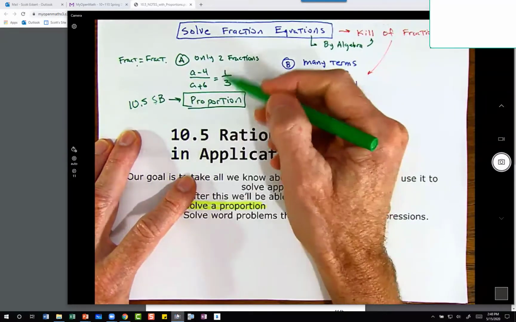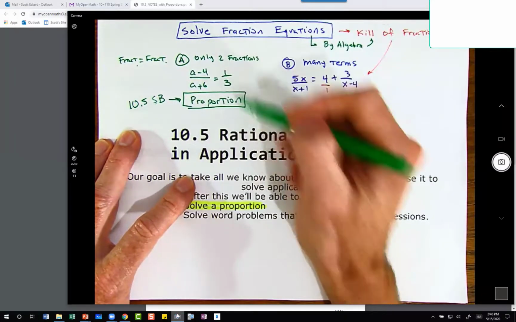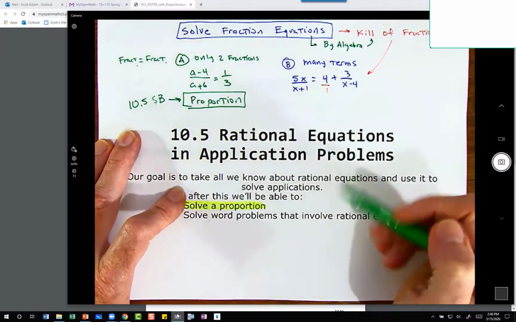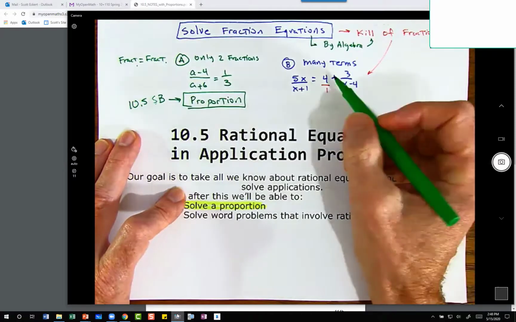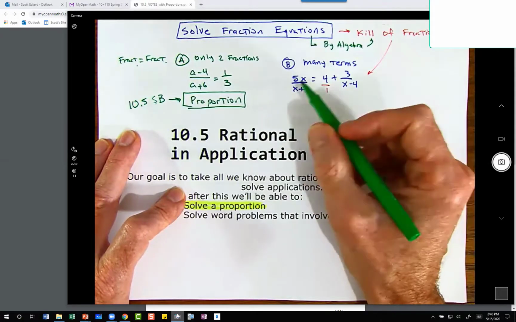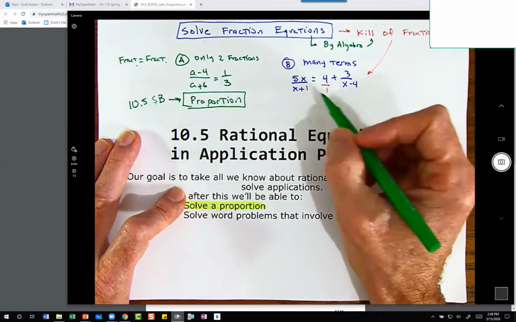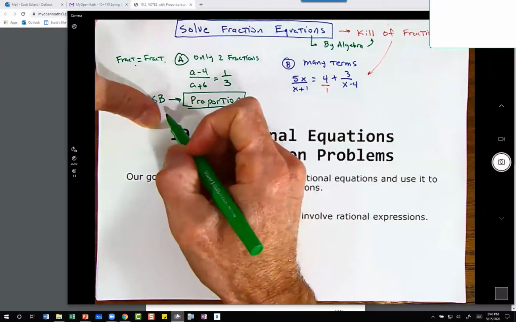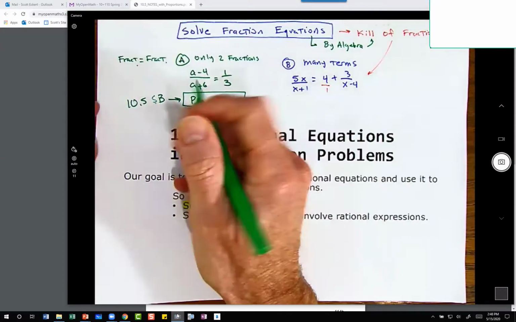There's going to be algebra proportions, and there's going to be word problem proportions. And then there's 10.5 by itself. That MOM is going to have fraction equations and word problems with fraction equations. But let's start on the easy kind, the skill builder here, and study proportions for a minute.